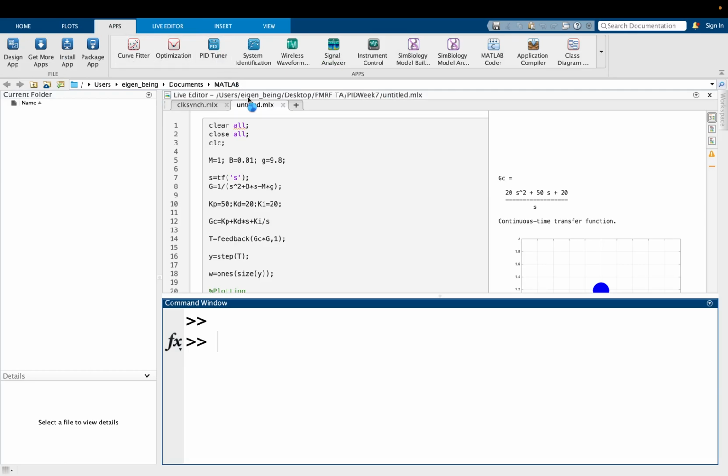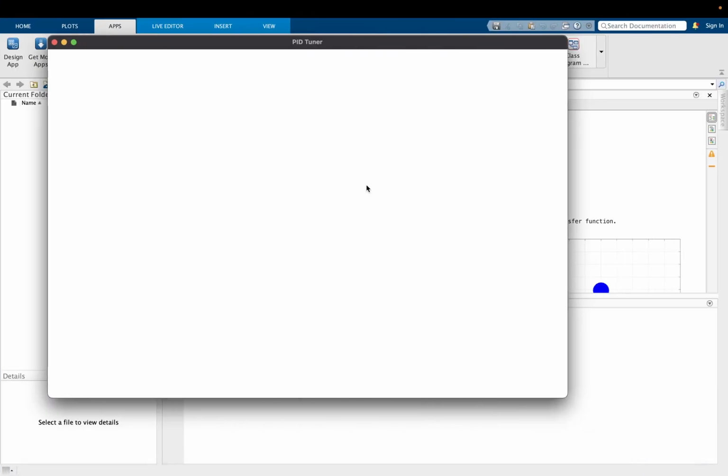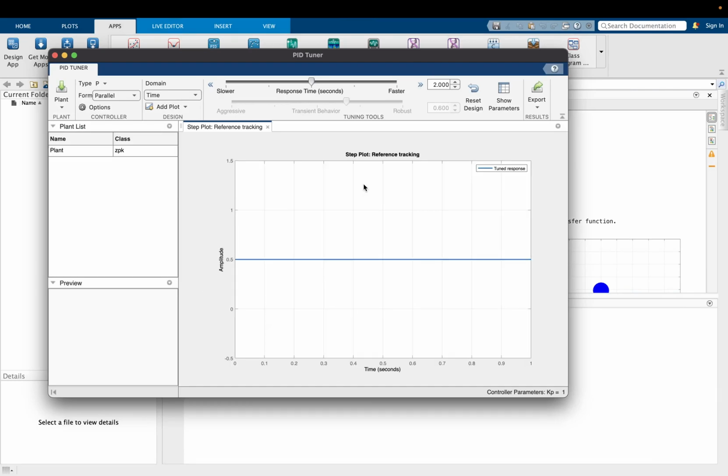I'll show you how to tune PID using this. So it will take a bit of time to load maybe. So this is the app. I can tune my PID values to get the desired response.